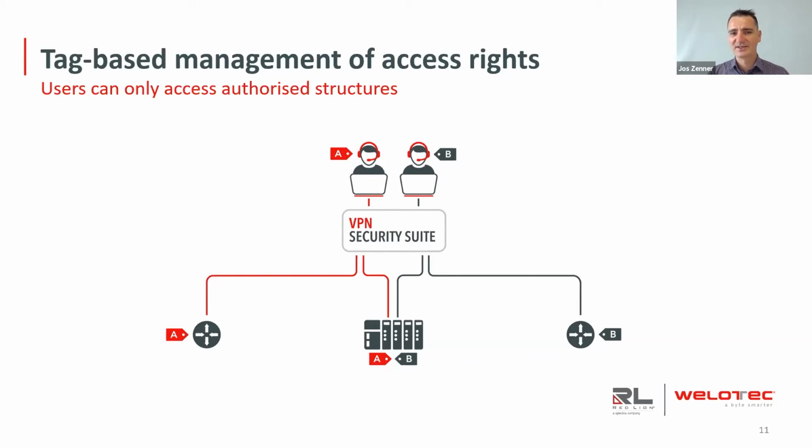So you can make sure that where you see the red tag A, the remote maintenance engineer can only access the router with the tag A, can access the PLC with this tag A, and cannot access the router with tag B. On the other hand, the remote maintenance engineer with access tag B can access router B and the PLC with A and B in the middle.